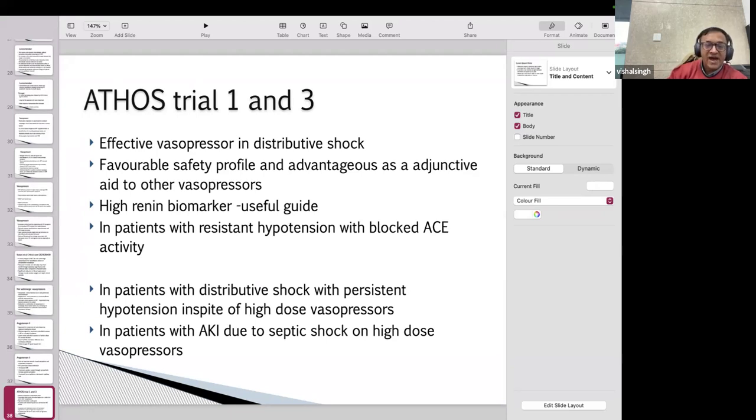But again, the cost and the serial studies required are, as of now, a bit of a deterrent. So even when we have angiotensin in our arsenal, I don't know how many times we'll be able to do a renin level, to be honest with you. And in patients with resistant hypertension with blocked ACE activity, especially if he's on ACE inhibitors for a certain reason in the past, angiotensin II will definitely play a role.